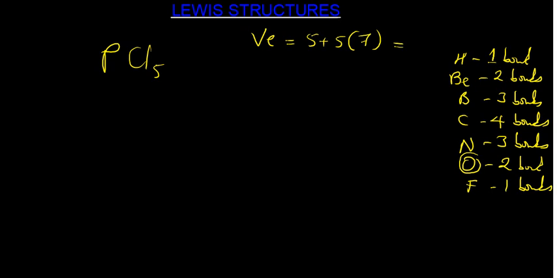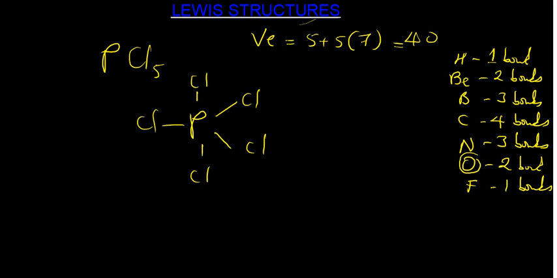So we are finding 40 electrons. So we need to distribute this 40. So what is going to happen is this phosphorus will be the central atom, and then with chlorines around it. So that will be it.